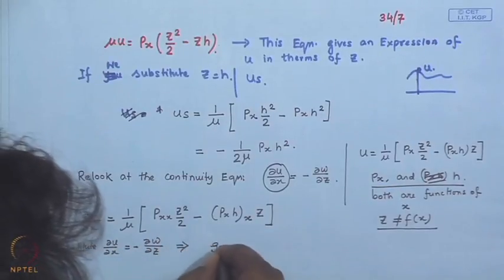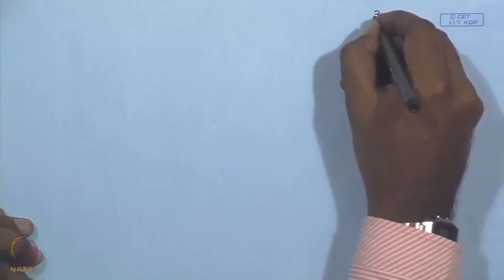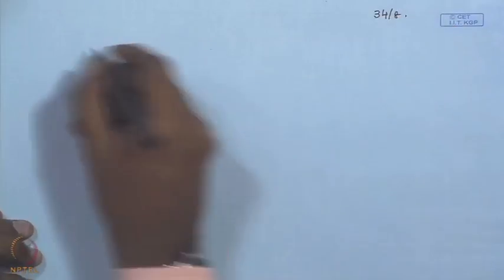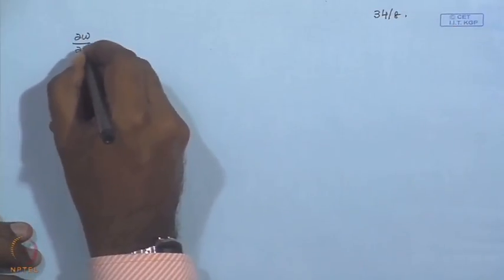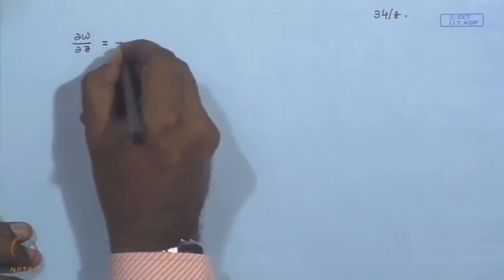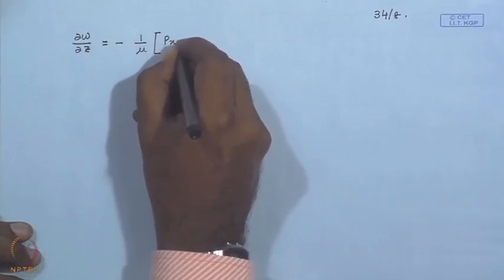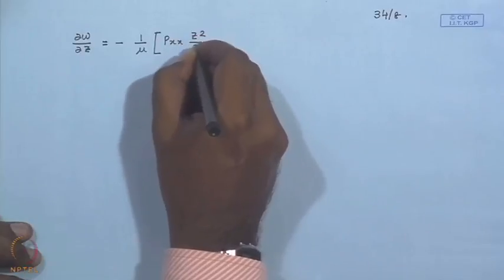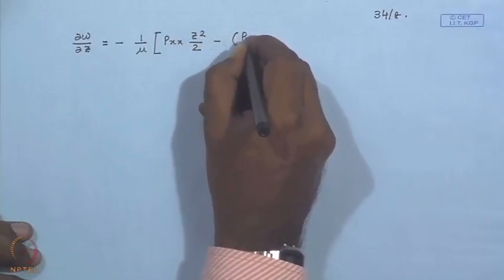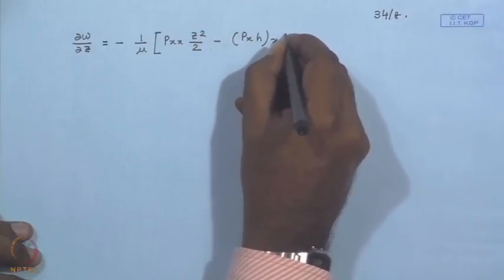And we get del w del z is equal to minus 1 by mu into p x x z square by 2 minus p x h x z.